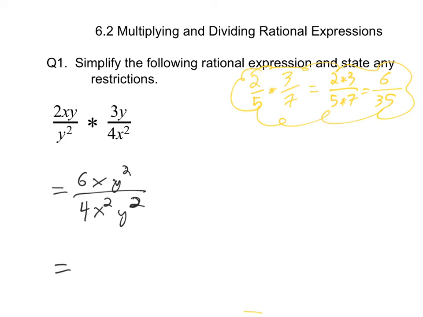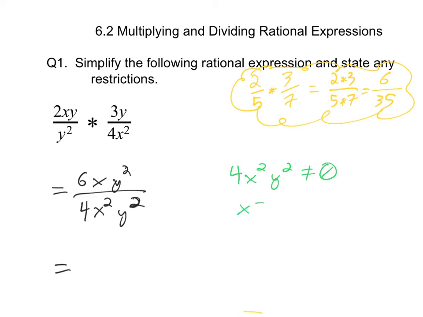But before we do that, we need to check to see if any non-permissible values exist before we do any simplification. Looking at our denominator, we cannot have this denominator be equal to 0, because division by 0 is undefined. So what values will cause that to happen?